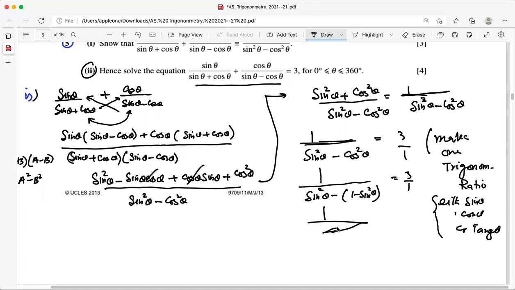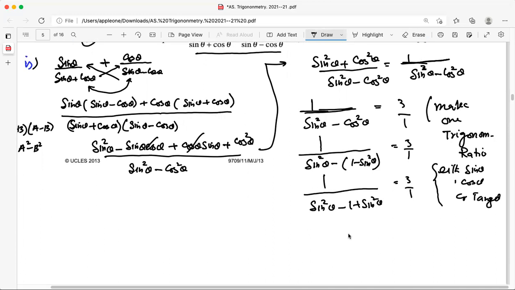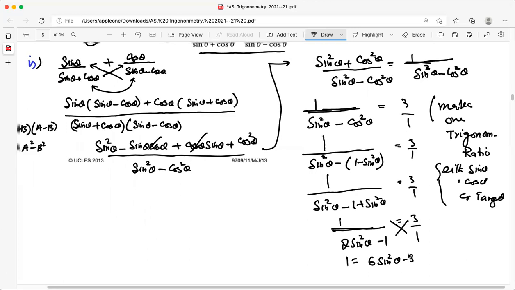It gives us sine square theta minus 1 plus sine square theta, which is equal to 3 over 1. So it gives us 1 over 2 sine square minus 1 is equal to 3 over 1. Now cross product: 1 is equal to 6 sine square theta minus 3.